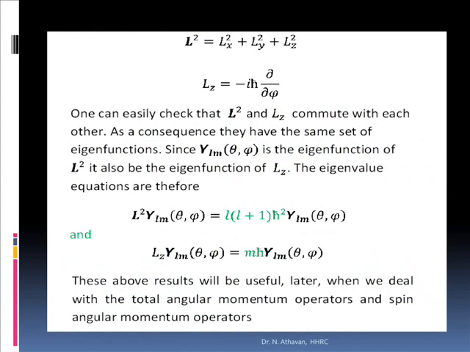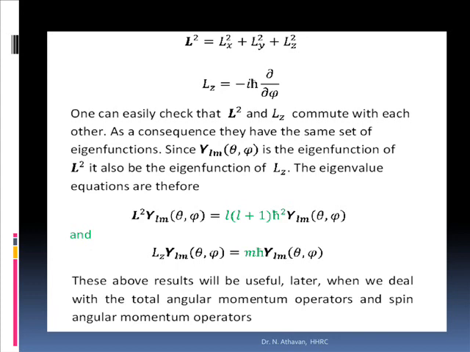I wish to say some additional information about the eigenfunctions of this rigid rotator. That is, the eigenfunctions are the eigenfunctions of the L squared operator, because we had in the Hamiltonian the term L squared by 2I. I is nothing but the moment of inertia, therefore only L squared dominates. We write L squared as Lx squared plus Ly squared plus Lz squared.